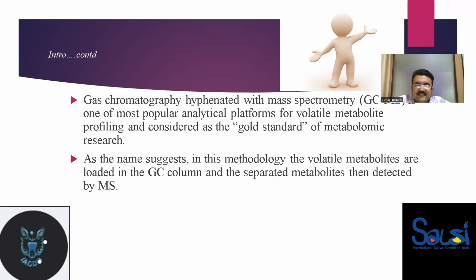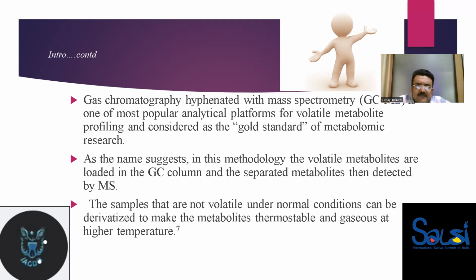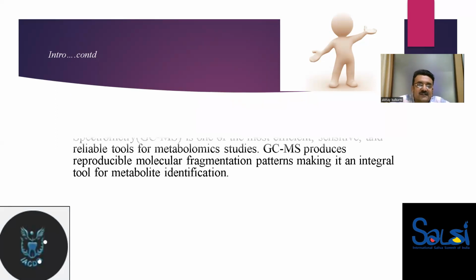As the name suggests, in this methodology, the volatile metabolites are loaded in a GC column and the separated metabolites are then detected by mass spectrometry. The samples that are not volatile under normal conditions can be derivatized to make the metabolites thermostable and gaseous at higher temperature.